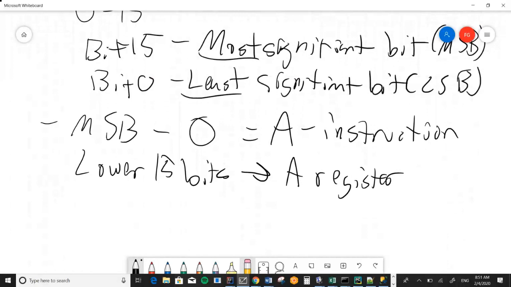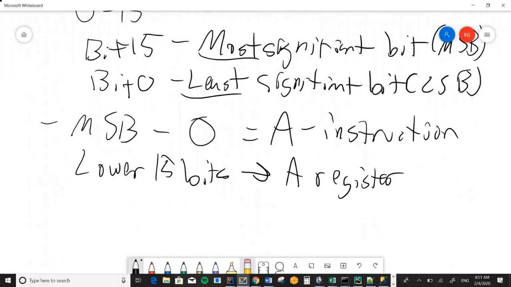This is actually the only way you can load a constant onto the CPU other than a 0 or a 1. So if you've got a constant you want to load, you have to use an A instruction. Typically those constants are addresses, but other kinds of constants can be loaded this way as well.